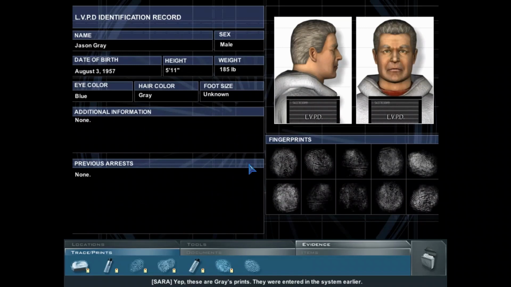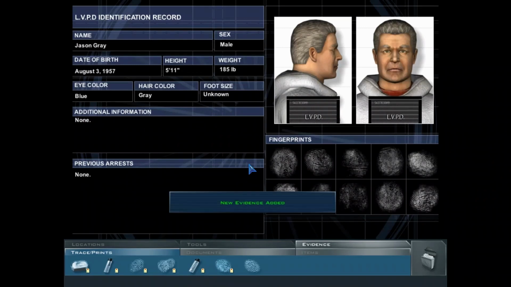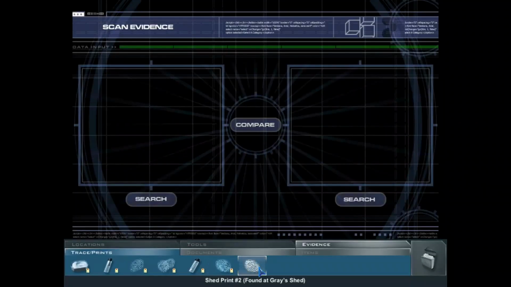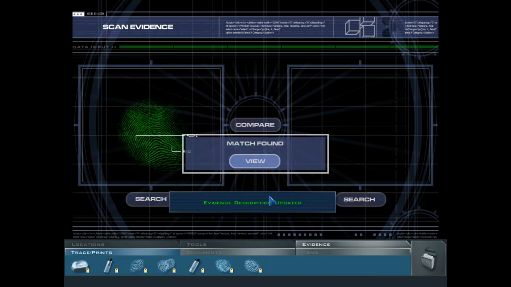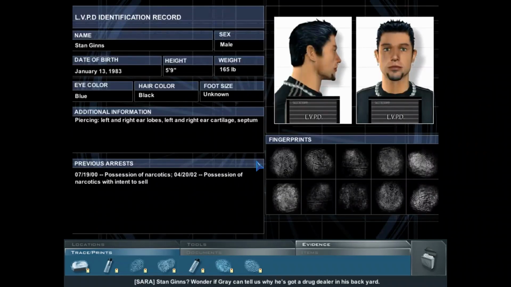Yep, these are Gray's prints. They were entered in the system earlier. Stan Gins? Wonder if Gray can tell us why he's got a drug dealer in his backyard.